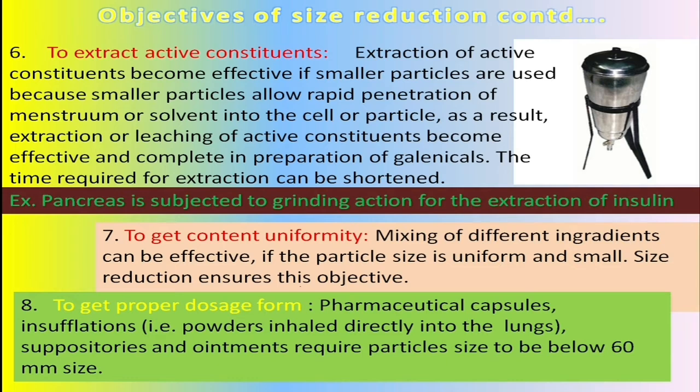Size reduction ensures this objective. Already I have discussed this in the 4th point. 8, to get proper dosage form. Pharmaceutical capsules, insufflations, suppositories and ointments require particle size to be below 60 mm in size. This is the specification.